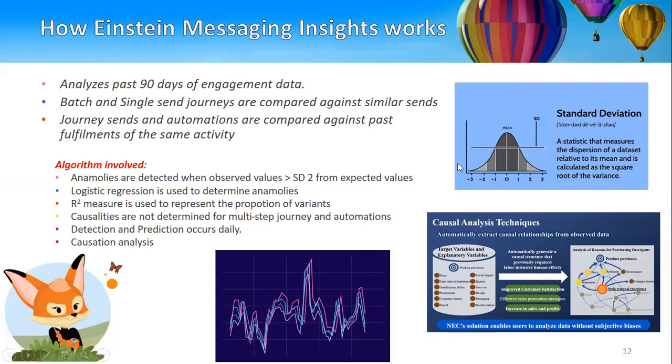And apart from the standard deviation, we also have logistic regression. We also have the causal analysis technique, which is one of the algorithms used to detect messaging insights, and you'll get these notifications. All of this is mainly because of three algorithms: a time-based analysis, the causal analysis technique, and logistic regression, because of which you will get to know the results.